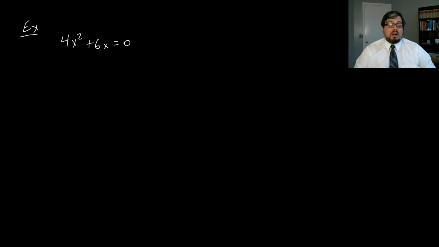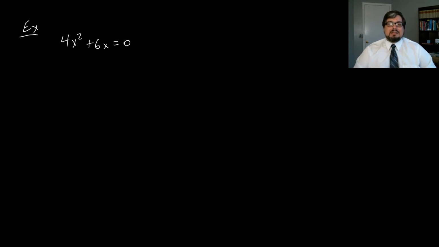Now this is a quadratic equation because it is a degree 2 polynomial. However, we don't have a constant term here, which makes things a little bit simpler. And in fact, we can handle things in a slightly faster way.